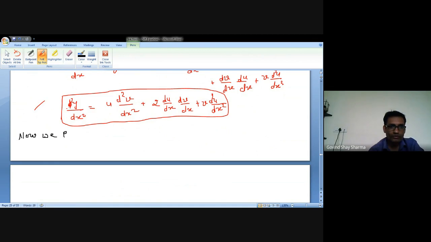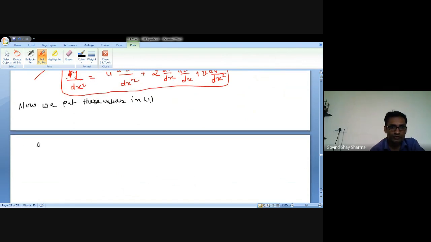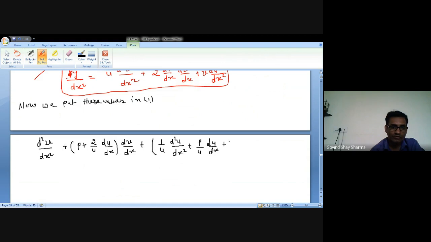Now we put these values in equation 1. So this becomes d2v dx2 plus (p plus 2 upon u du upon dx) dv upon dx plus (1 upon u d2u dx2 plus p upon u du dx plus q) v is equal to r upon u.